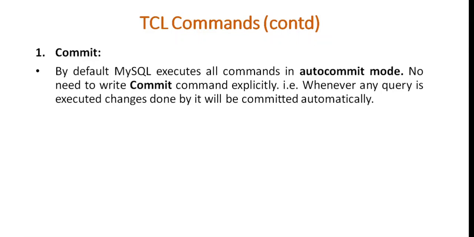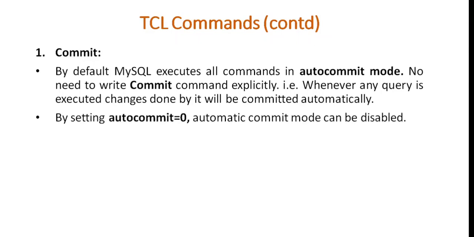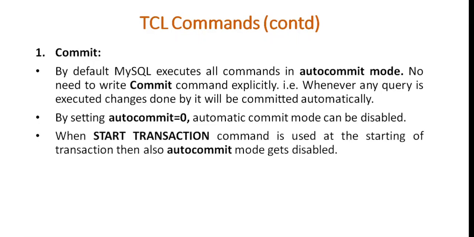By default it is 1, that is on. If we want to disable auto commit mode in MySQL, we set autocommit equals to 0. When the start transaction command is used at the start of a transaction, auto commit mode also gets disabled automatically.